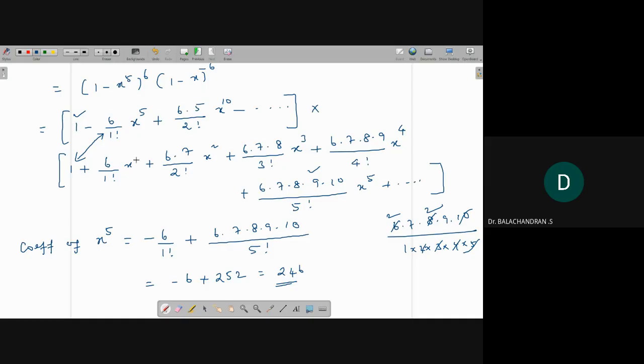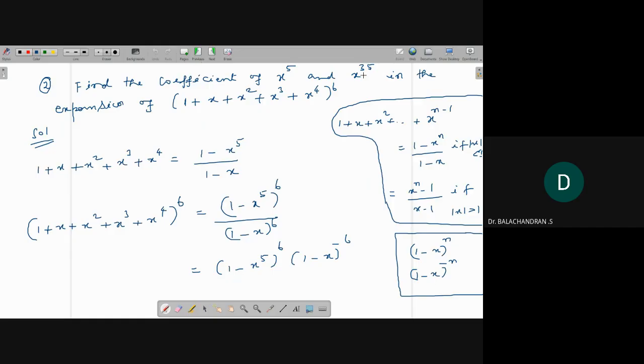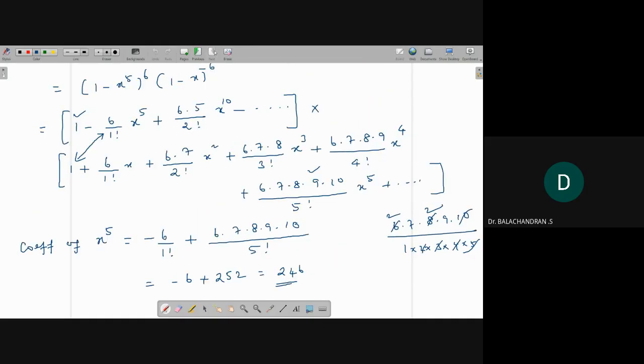But in the question it is asked for x power 35. So that is 0.